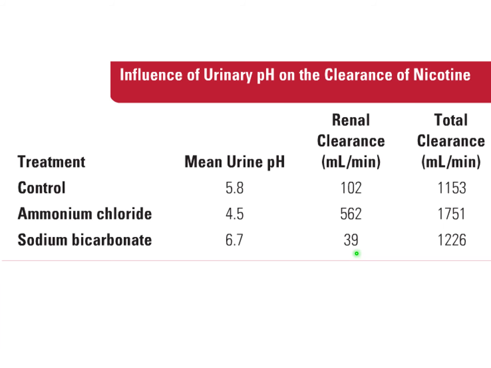By changing urine pH, adding different benign compounds of acidic or basic nature, most commonly ammonium chloride as an acid or sodium bicarbonate as a base, we can change rate of clearance and remove toxins faster if we want.